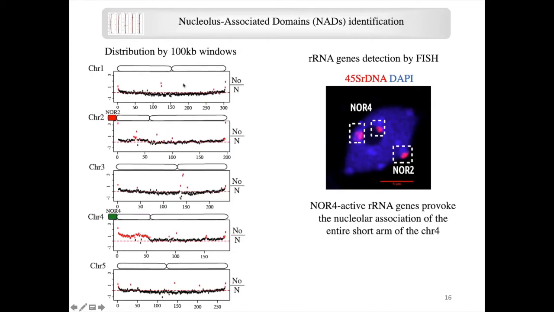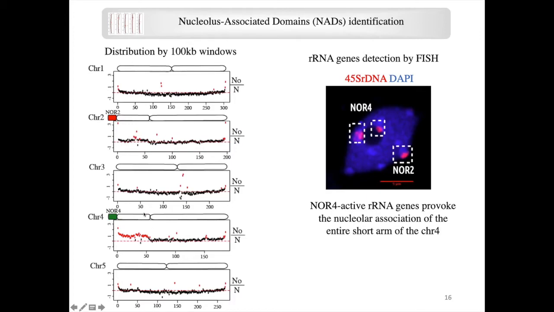Looking at the distribution of these NADs, you can first see a large region on the short arm of chromosome 4, enriched in the nucleolus, just next to NOR4. NOR4 corresponds to ribosomal RNA genes that are actively associated with the nucleolus and transcribed by RNA polymerase 1, while there are other NOR2-derived ribosomal RNA genes, but they are excluded from the nucleolus area, and we don't see any enrichment in that case.